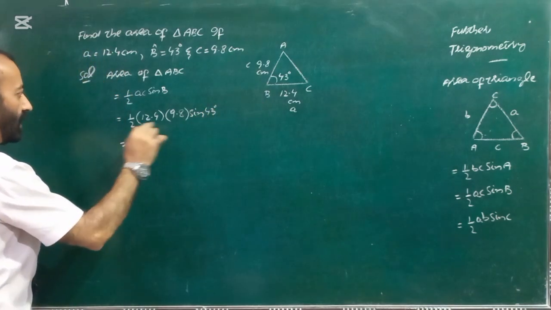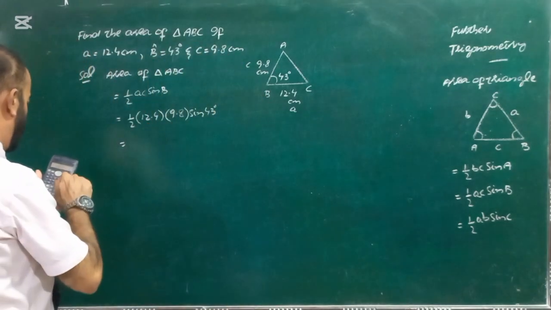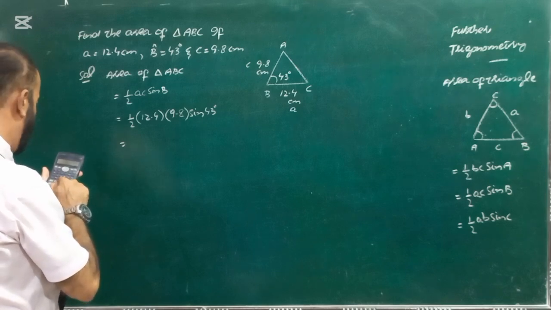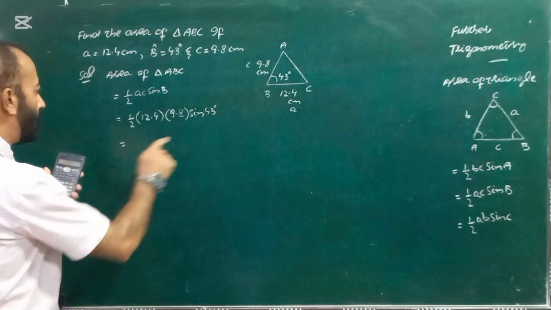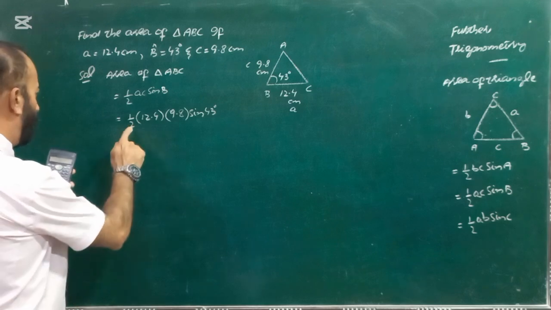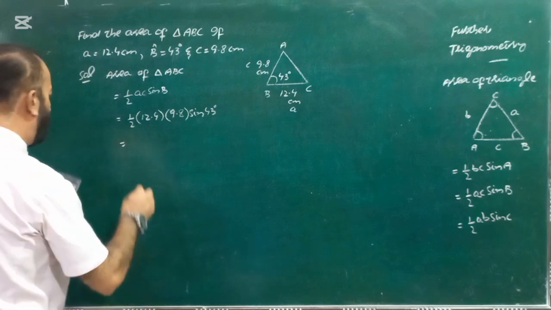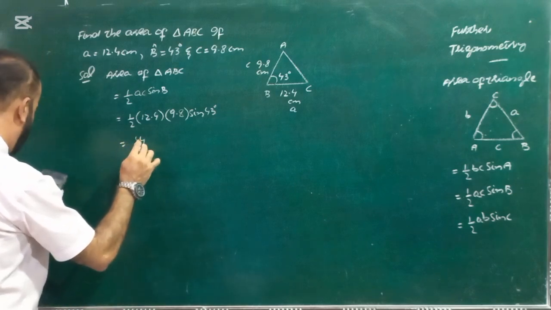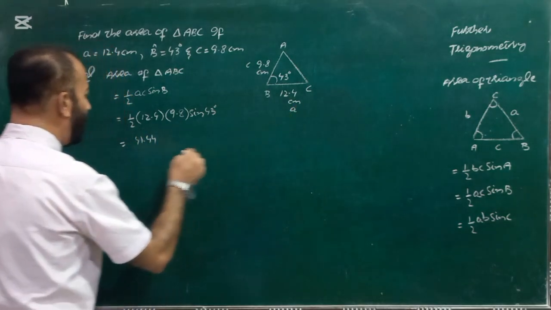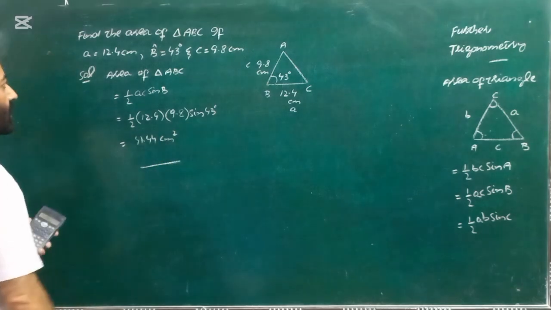So now we will solve these values on the calculator. 12.4 into 9.8 into sine of 43, divided by 2. So 41.44. The unit is centimeter, and area is in unit square. So centimeter square is the answer.